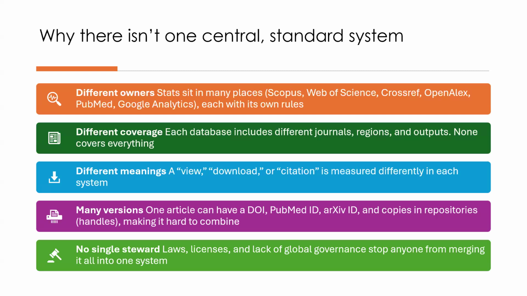So there's no single steward at this stage with regard to journal statistics. Laws, licenses, and a lack of global governance stop anyone from merging all of the different systems into one single system. And so I hope that clarifies that question, should you have had such a question.